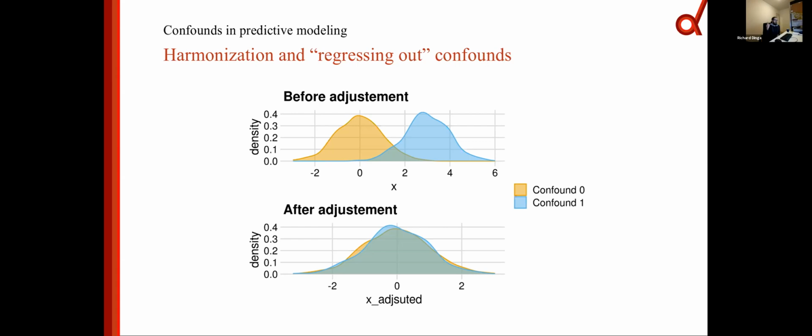So let's say I have two sites called 0 and 1, and before adjustment, their distributions of one voxel are far apart. And if I adjust it, that means that I basically centered it by mean, and now I shouldn't be able to learn the information about site from this adjusted variable.